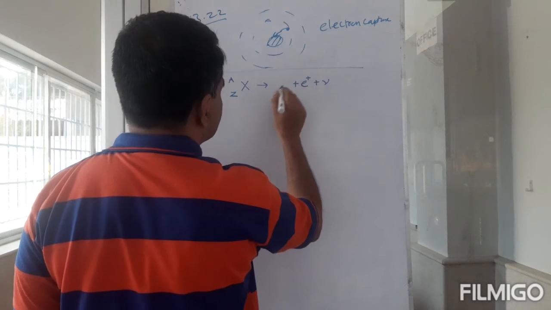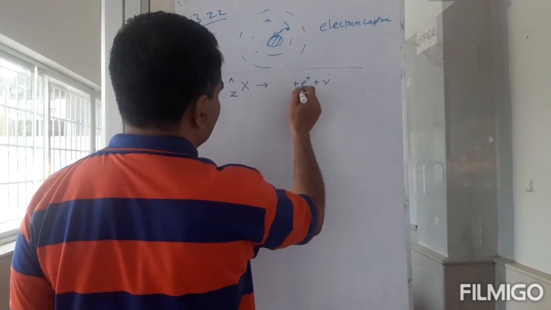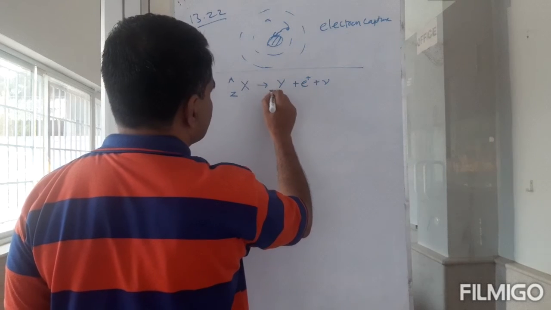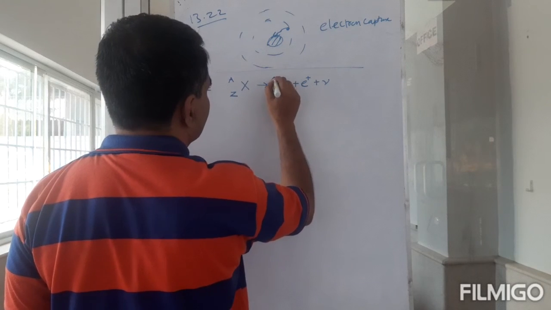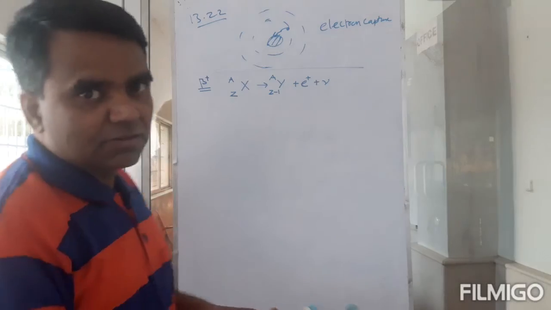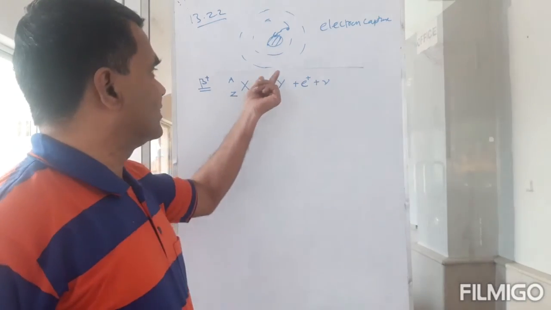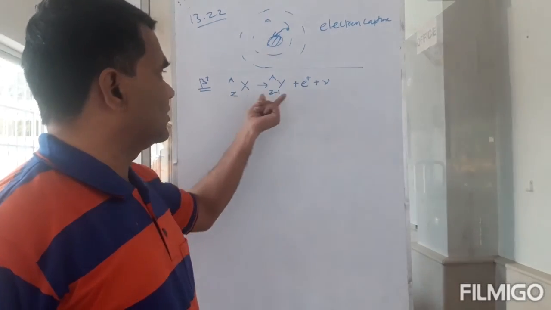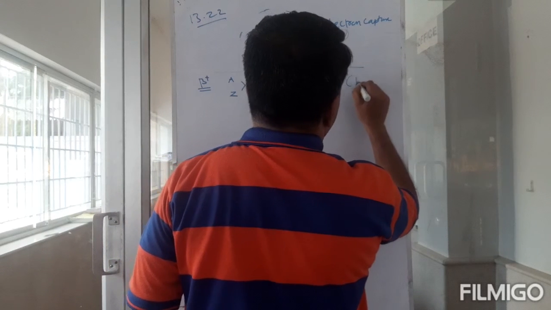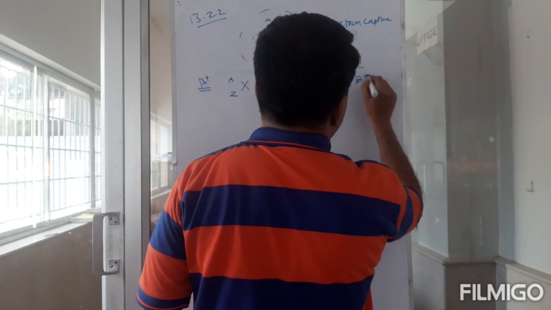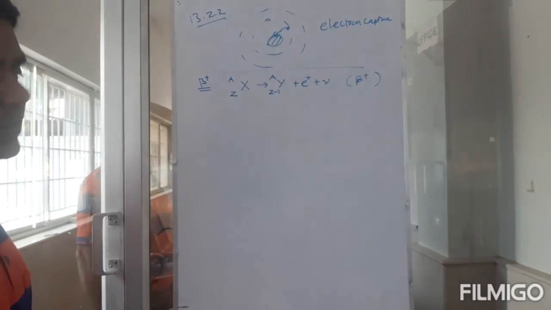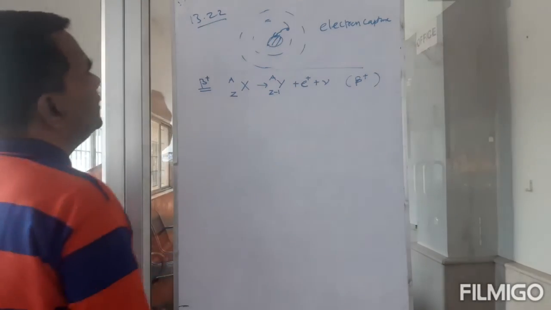And then the positron is gone, so you have another element that gives you Z minus 1 and A. There's no change in the mass number, not much of a mass change happening here, but the atomic number changes. So this is beta positive.